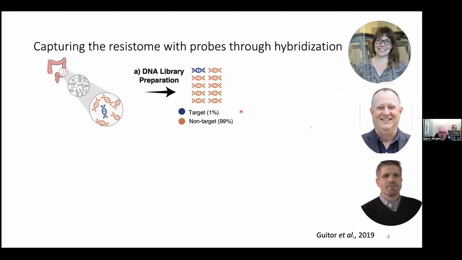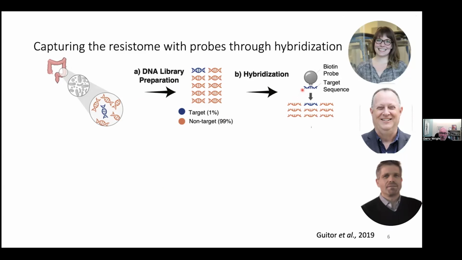And so most of the time, the genes that you're interested in are, let's say, 1% and the non-target genes are 99%. So the idea behind this capture protocol is you get your metagenomic DNA, you develop a series of probes.